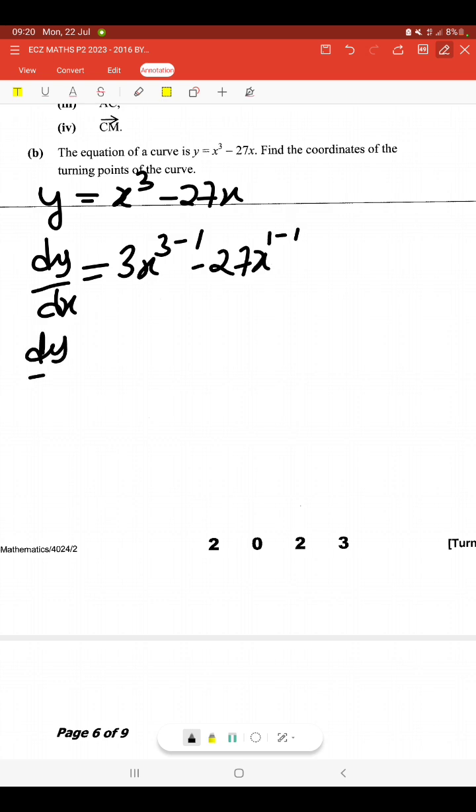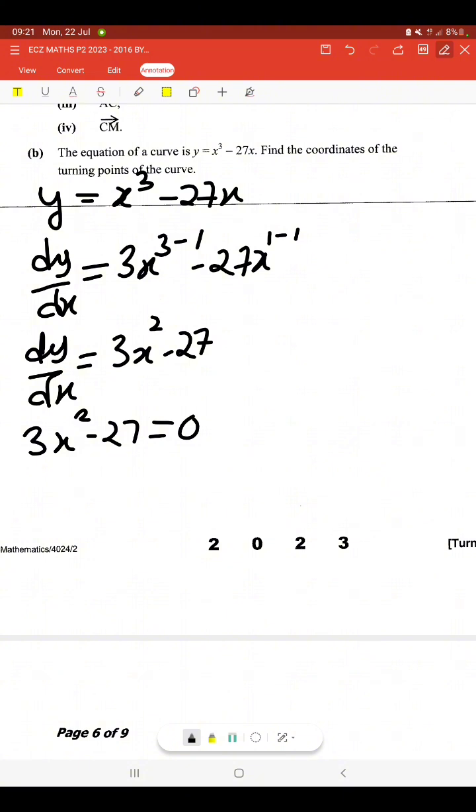So dy/dx is going to give us 3x squared minus 27, since 1 minus 1 is 0, and any number or letter to the power 0 is 1. And then we are saying this same thing, 3x squared minus 27, which is our gradient, should be equal to 0.